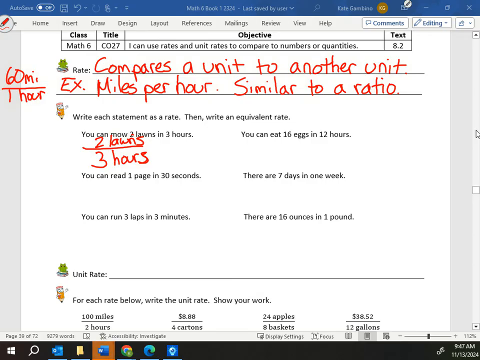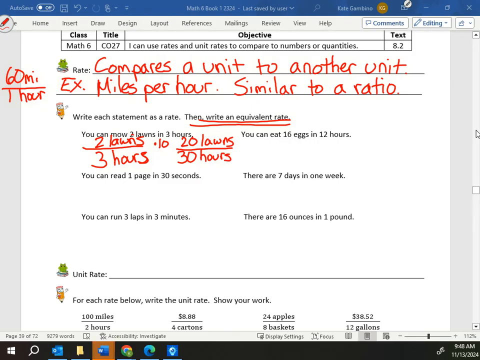Okay. Let's look at our next one. You can eat 16, oh wait, before we move on, it said write each statement as a rate. We did the first one. We need to do the second part of the direction. Write an equivalent rate. What could be an equivalent rate? Emma? I could multiply it by 10 and say 20 lawns in 30 hours.